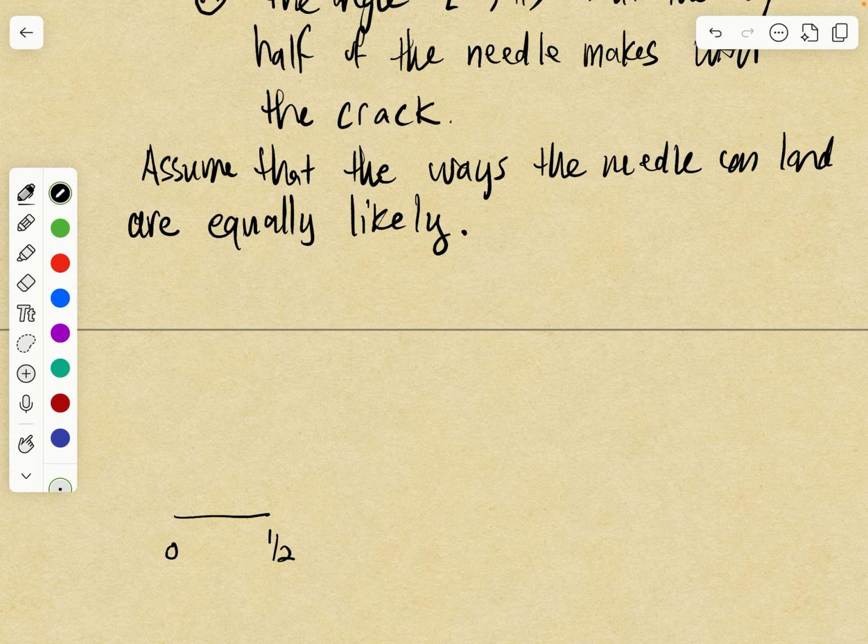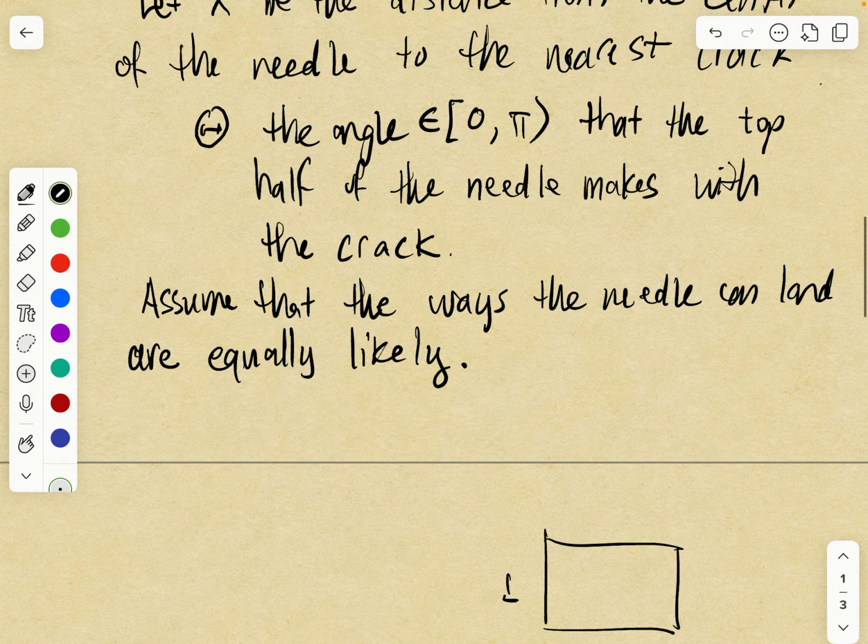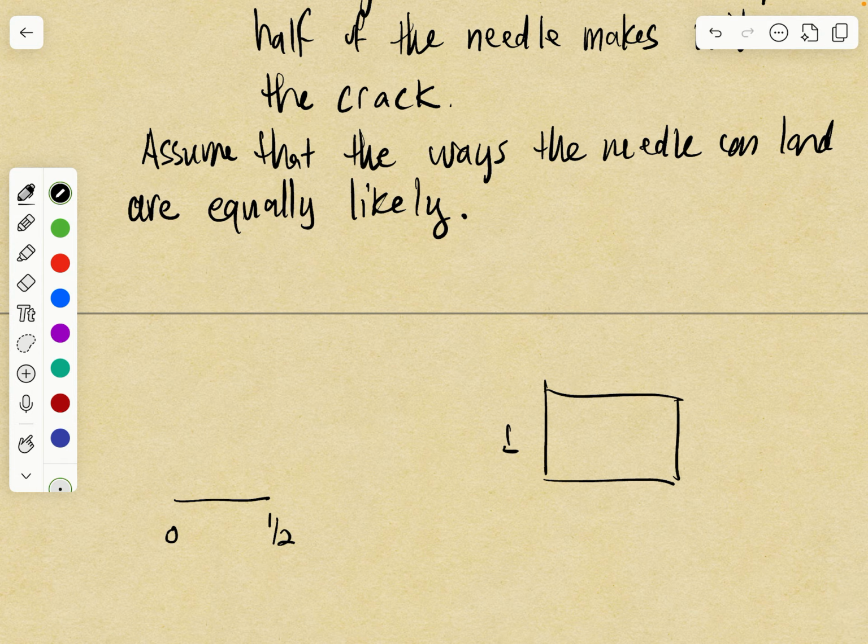Why can x go from 0 to a half? Well, because if you have a tile of length 1, and we're letting x be the distance from the center of the needle to the nearest crack, then if the center is on the crack, x would be 0, but the biggest possible distance from the center to the crack is a half. That's if the center is in the middle and the needle is like this.